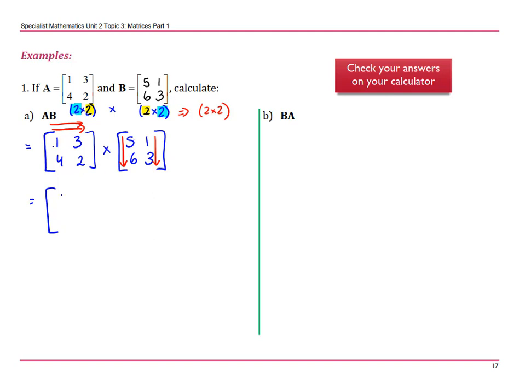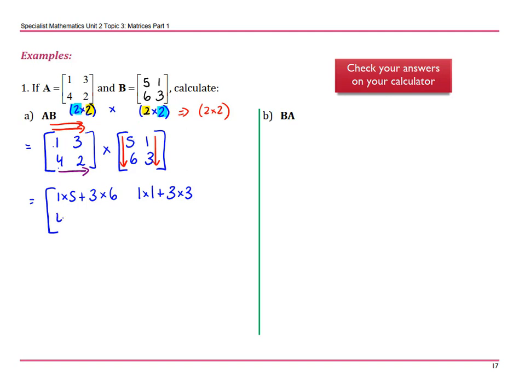So 1 times 5 plus 3 times 6. Move across: 1 times 1 plus 3 times 3. Next, 4 times 5. So we're going now across this row and then down each column.